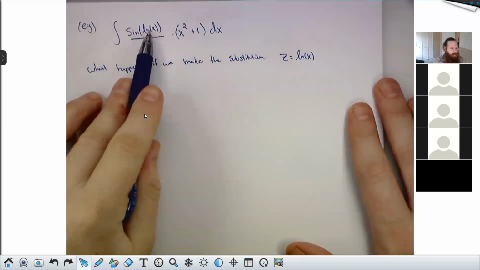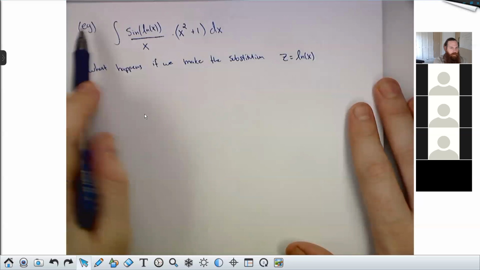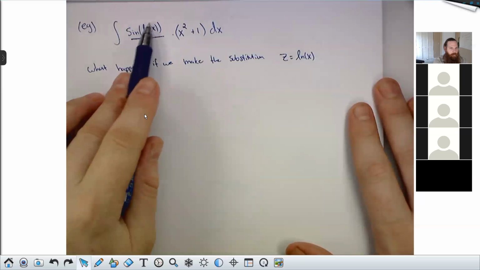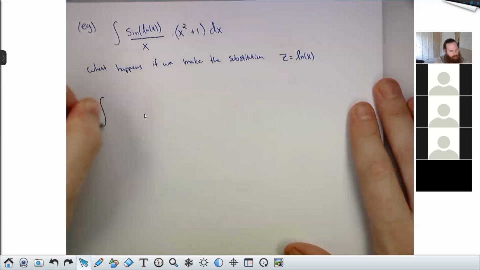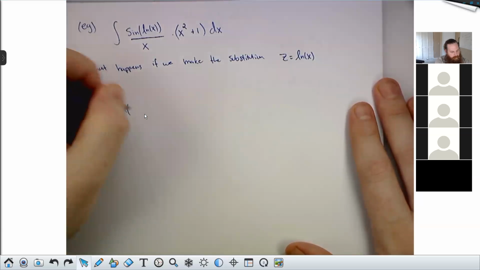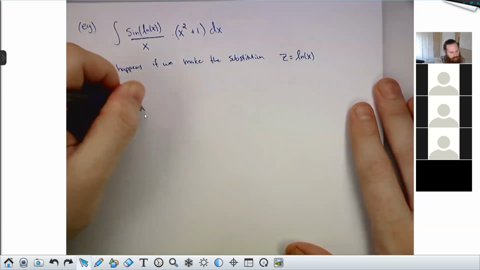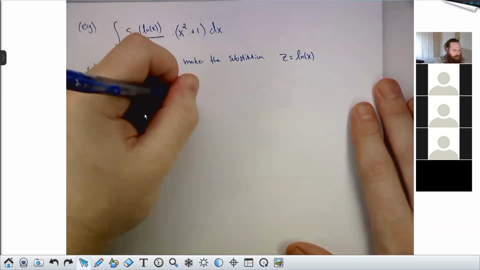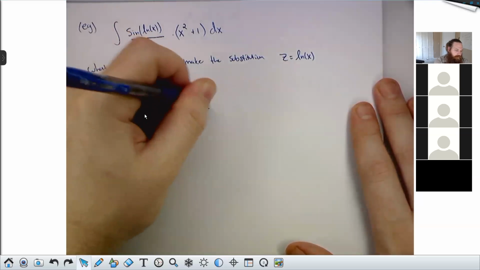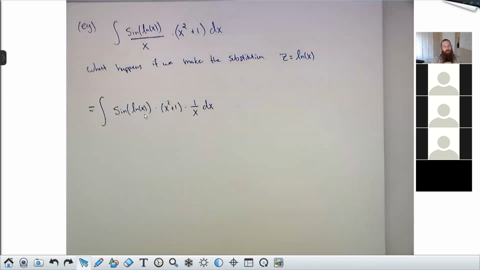Because I've got a natural log of x inside here, I'd like to get rid of that inner function. First, let's rewrite this integral. That's sine of natural log of x times x squared plus 1 times 1 over x dx. No calculus yet, just rewriting the inside.